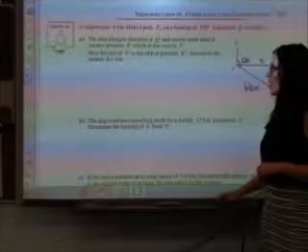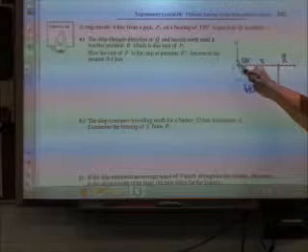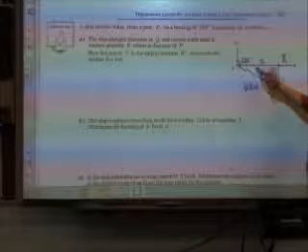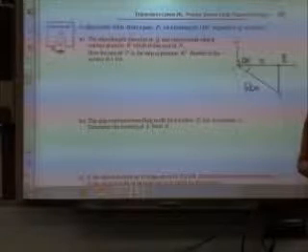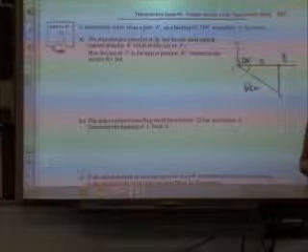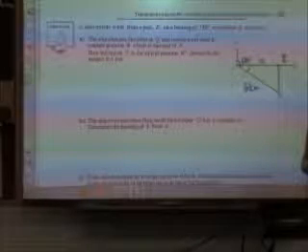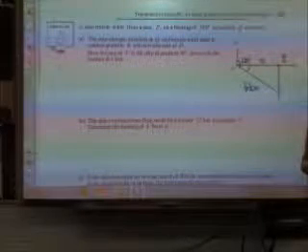So if I know that this whole angle here is 120 degrees, could I determine what angle RPQ is? How? Does it look half and half? No, you would subtract 90 from the 120.